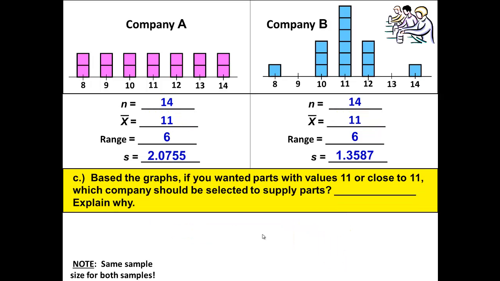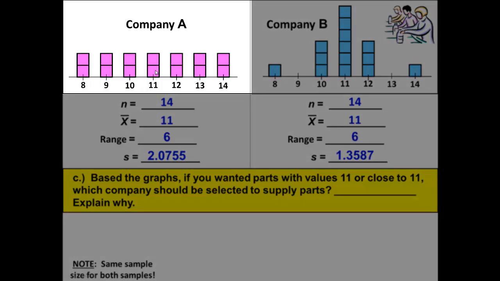Question C. Based on the graphs, if you wanted parts with values of 11 or close to 11, which company should be selected to supply the parts? Again, let's look at the graphs, not any of the summary data, but the graphs. If we want to be close to 11, looking at this graph, look how far or how close the values are to 11.